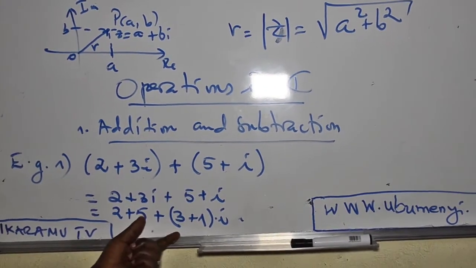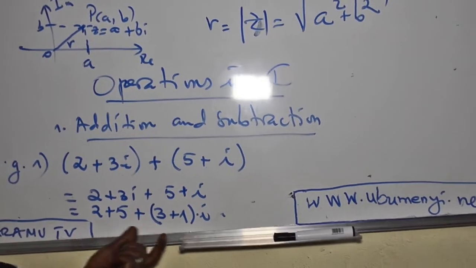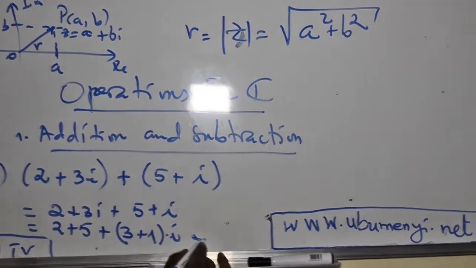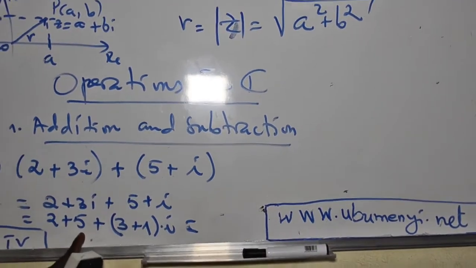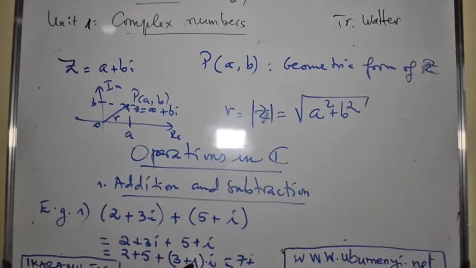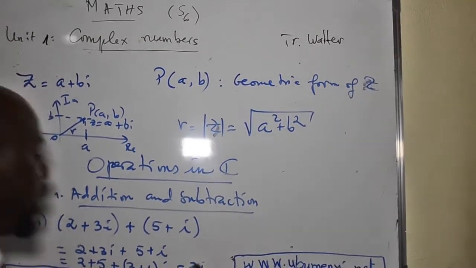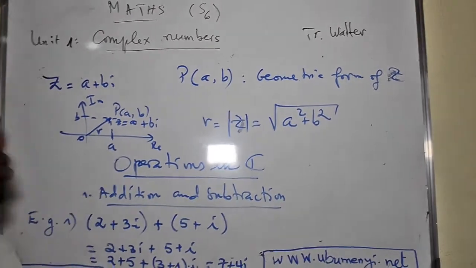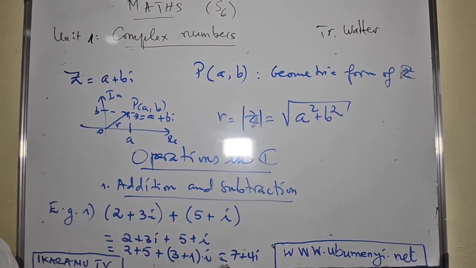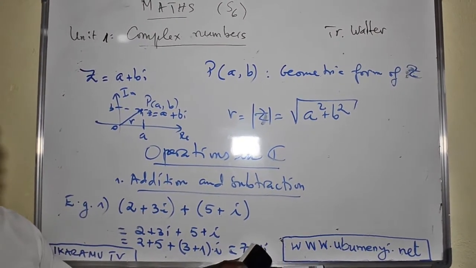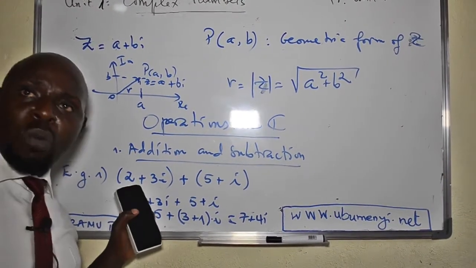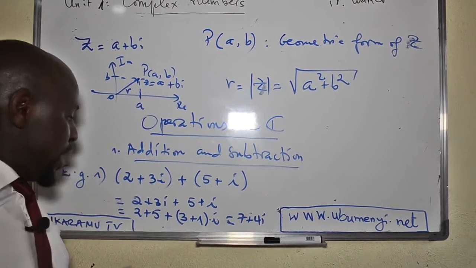So when we are adding, we first add the real parts together, and then we add the imaginary parts together. Finally, 2 plus 5, which are the real parts, gives 7, plus 3 plus 1, which are the imaginary parts, gives 4i. So when we take these two complex numbers and add them, we get another complex number, which is 7 + 4i. Whenever you add two complex numbers, you get another complex number.